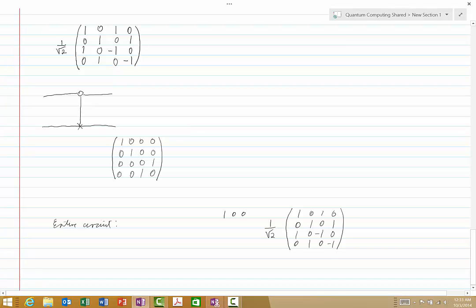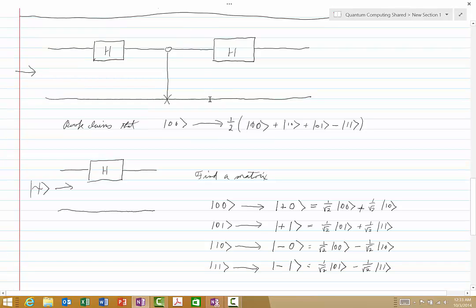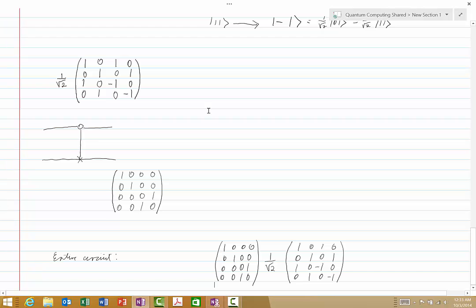1, 0, 0, 0, 0, 1, 0, 0, 0, 0, 0, 1, 0, 0, 1, 0. And then the last part to operate is this, which is identical to the first part.